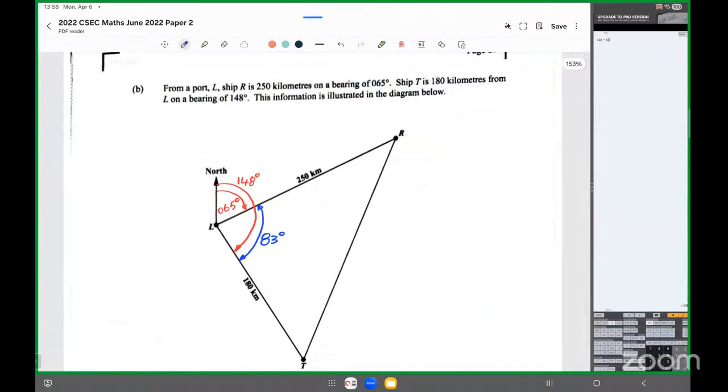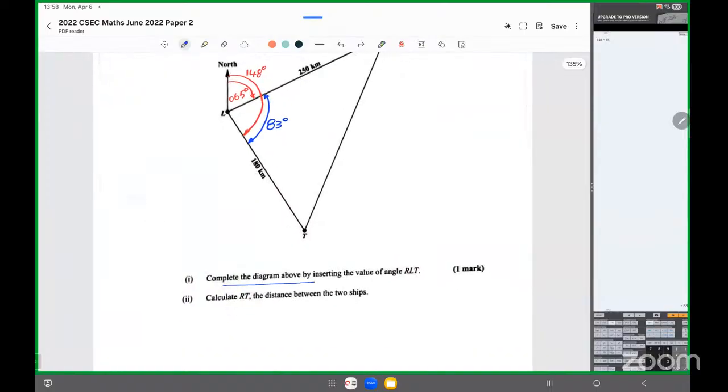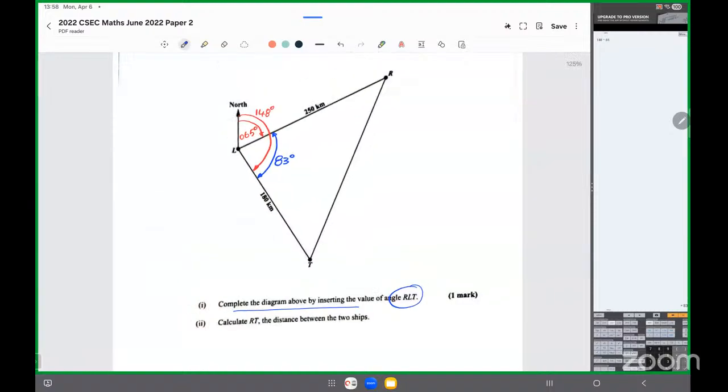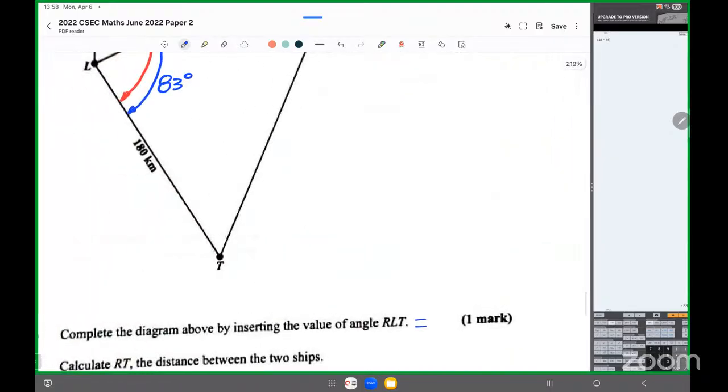This information is illustrated in the diagram below. The question says, complete the diagram by inserting angle RLT. So RLT is this angle that we'll put in here. That's 83 degrees. So we have written it on the diagram. It is 83 degrees.